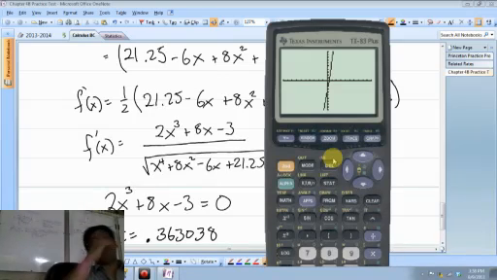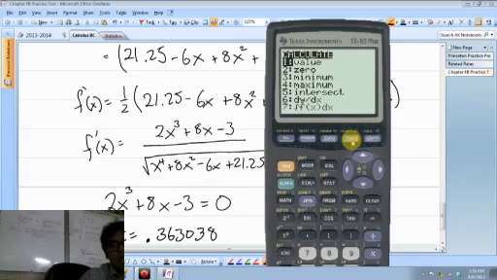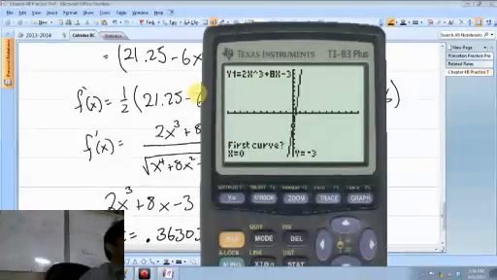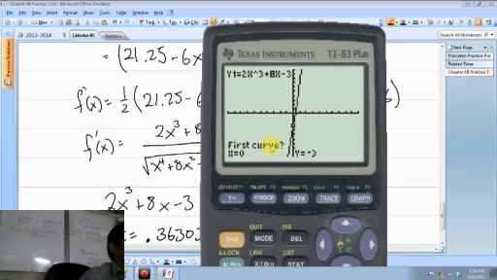Please listen. We're going to go second, calculate number 5, which is intersection. Then our screen's going to look like this. Notice how I have a screen where it says first curve and it's just waiting for me to do something. It's asking me a question.